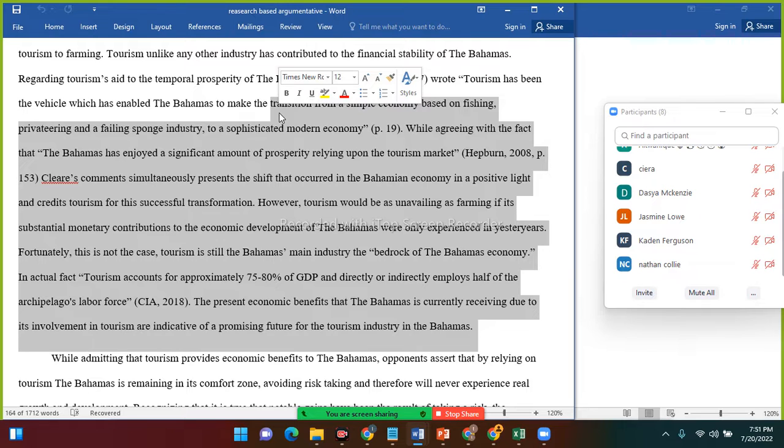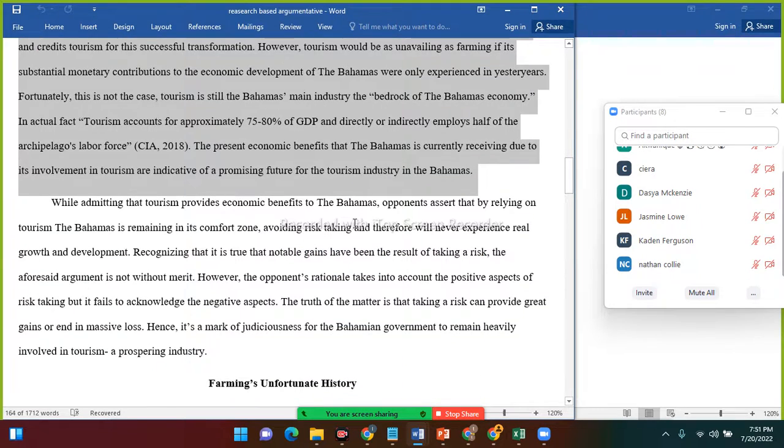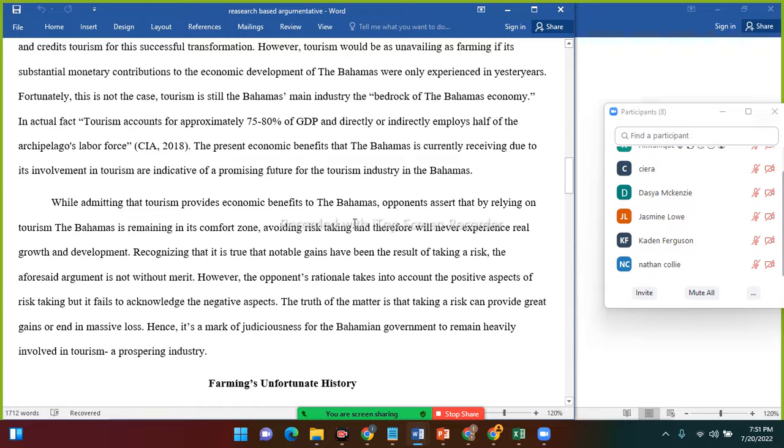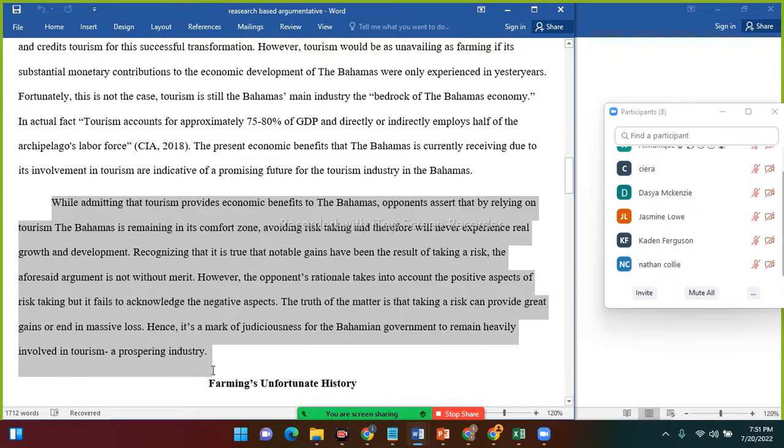Then I said, you know what, we need to address certain rebuttals. Notice I didn't spend a long time with the rebuttal, right? My rebuttal is just a paragraph. And I don't recommend your rebuttal to be a paragraph because obviously you just don't have enough space for that. Your rebuttal would be inside of your body paragraph, right?